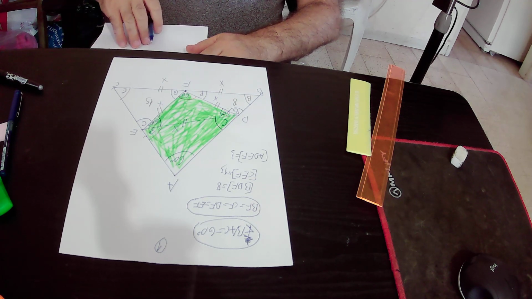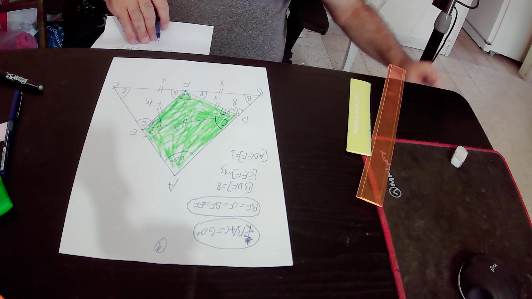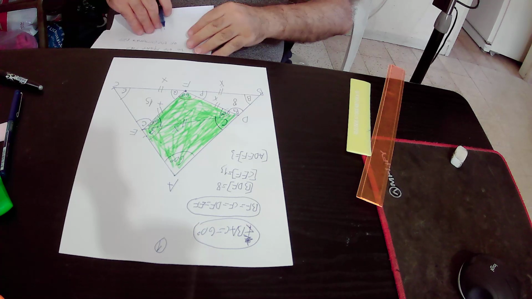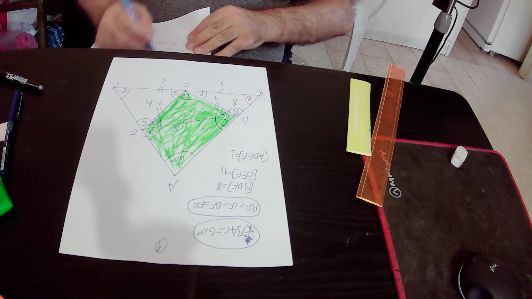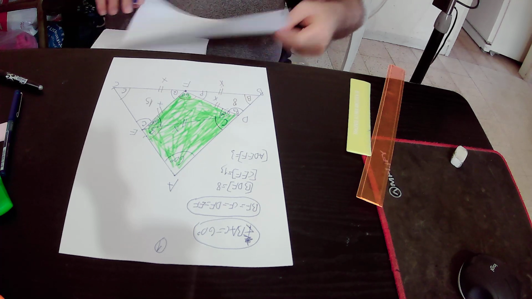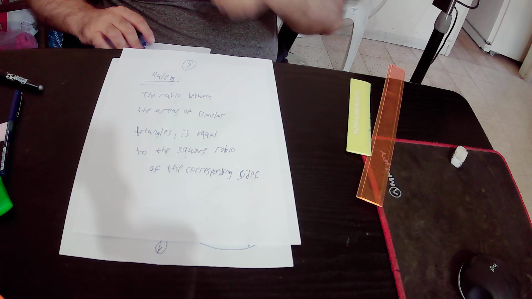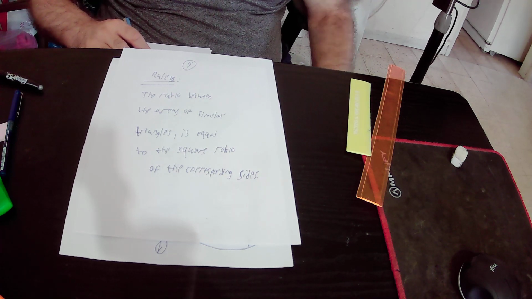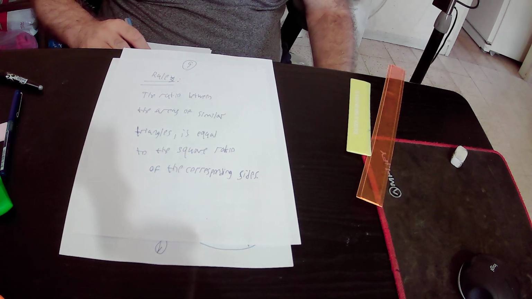Actually, it is rule number 3. Rule number 3 states that the ratio between the areas of similar triangles is equal to the square ratio of the corresponding sides.